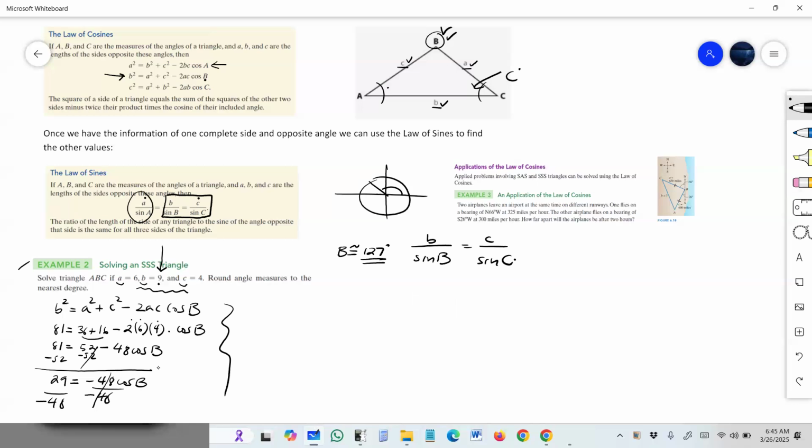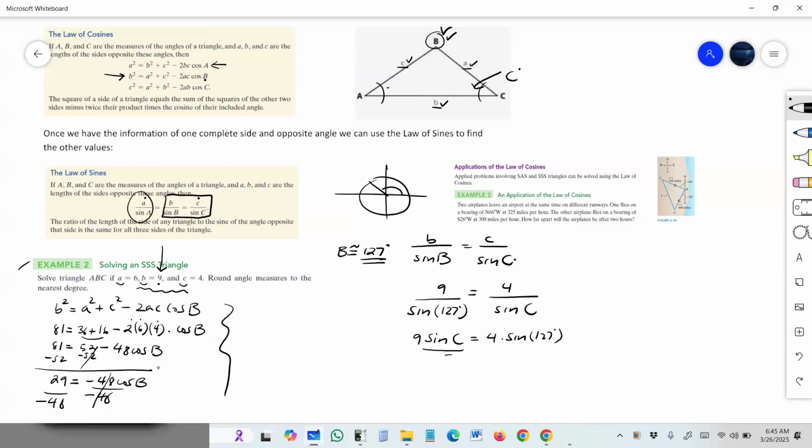So I have B, which is 9, and sine of B, where B is the angle 127, equals C, which is 4, divided by sine of C that I want to find. And now we cross multiply as we did before. So 9 sine of C equals 4 times sine of 127.